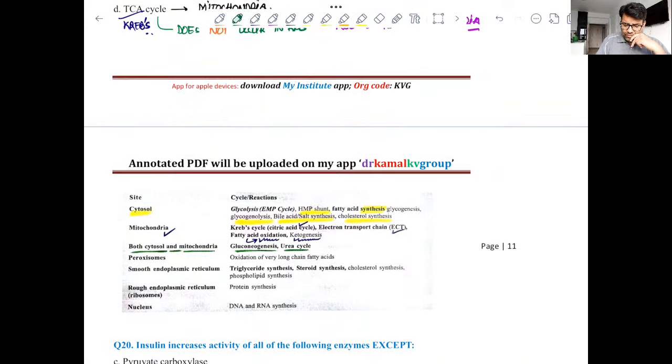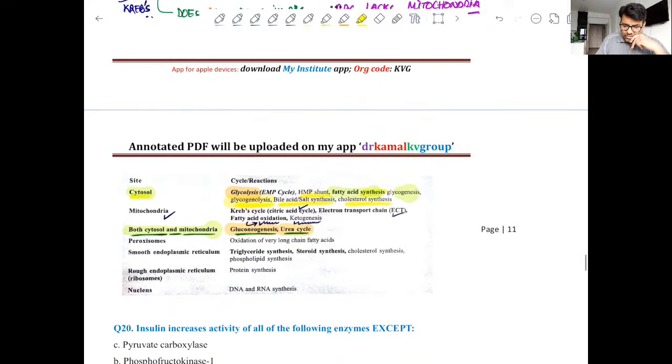So again, you can take a few important pathways. For both cytoplasm and mitochondria, please remember two conditions: gluconeogenesis and urea cycle. And for cytoplasm, you can remember glycolysis, that is EMP pathway, then fatty acid synthesis, glycogenesis, that is formation of glycogen, then glycogenolysis, that is breakdown of glycogen.